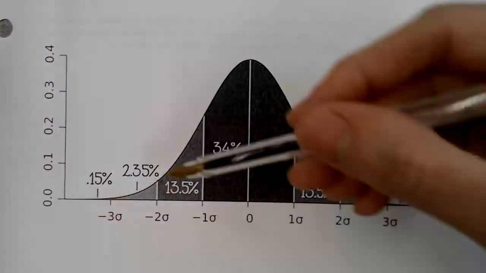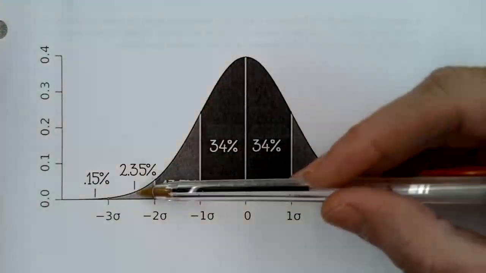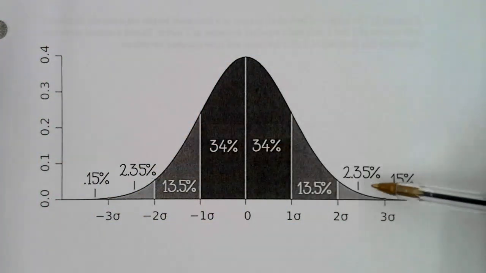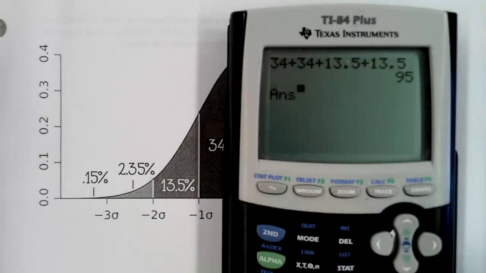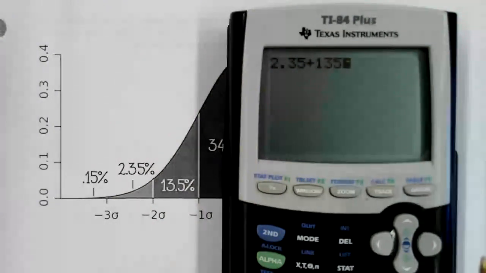And if I add up these six middle parts, 1, 2, 3, 4, 5, 6, that gives us the 99.7 number we talked about.